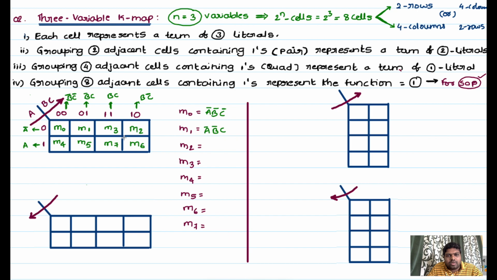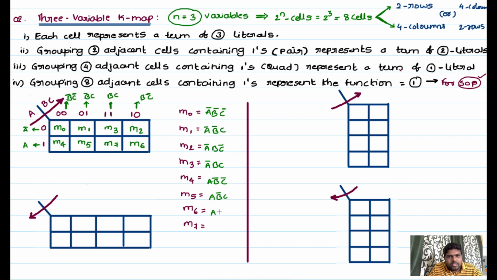Okay, so now m2 is associated with a bar, b, c bar, so here I will take a bar, b, c bar. In the same way you can take m3, that is a bar, b, c, and m4, that is a, b bar, c bar. Next m5, that is a, b bar, c.